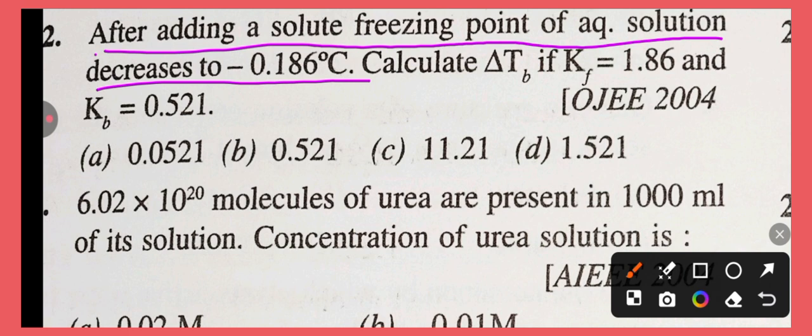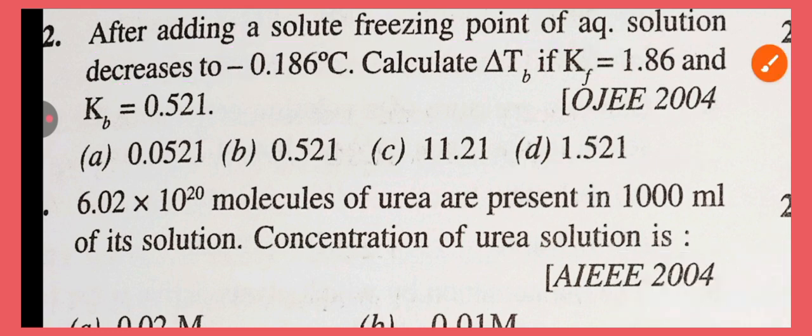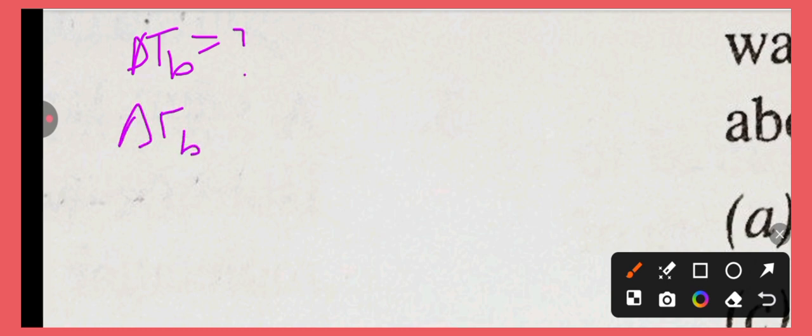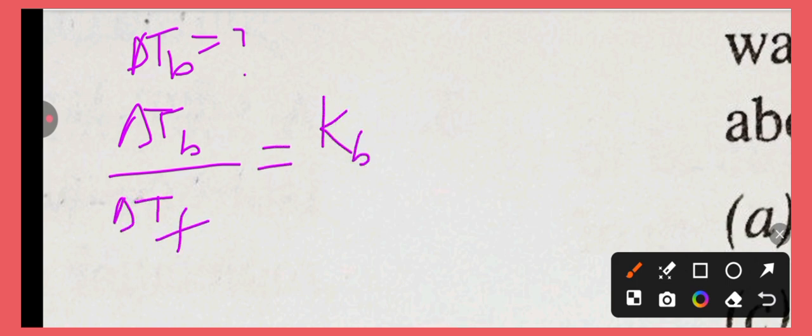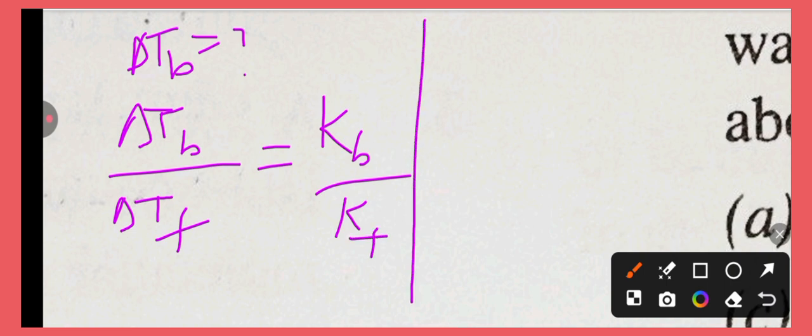Here we need to find the elevation in boiling point. The formula is elevation in boiling point divided by depression in freezing point is equal to Kb divided by the cryoscopic constant Kf. Put the value and get the answer.